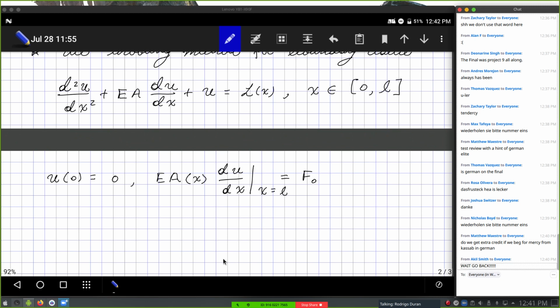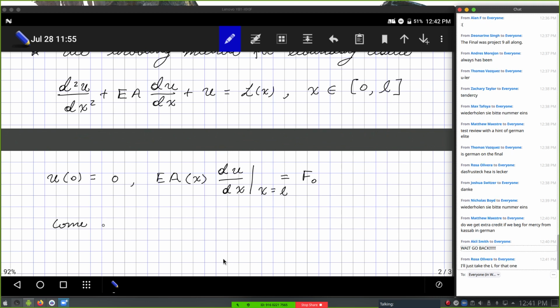I don't know what method exactly they expect of you in this class, but this is one of the questions, and they just want you to come up with the equation. They're giving you differential equations. You have to come up with the equation.